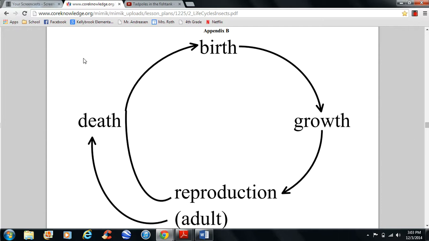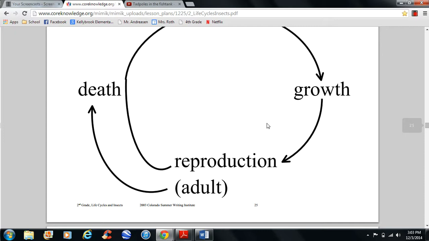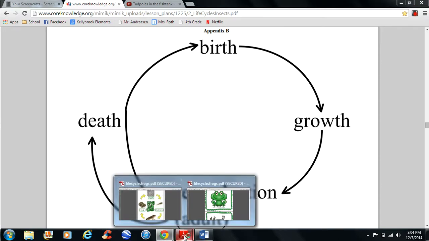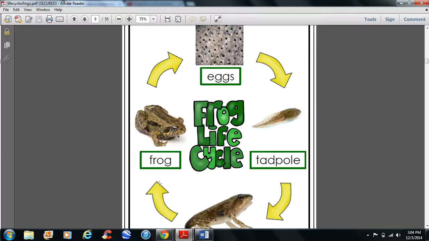How when I spun the wheel, it just kept going on and over and over and over again. And we talked about birth, growth, reproduction as an adult, the reproduction goes back to birth and death. Now, let's look at the life cycle of a frog.